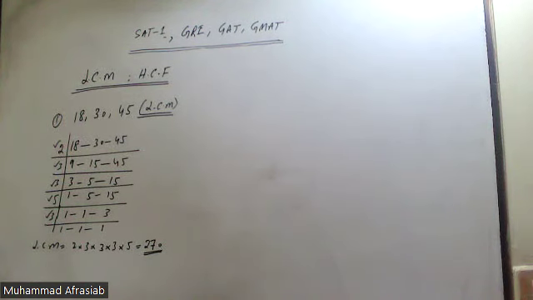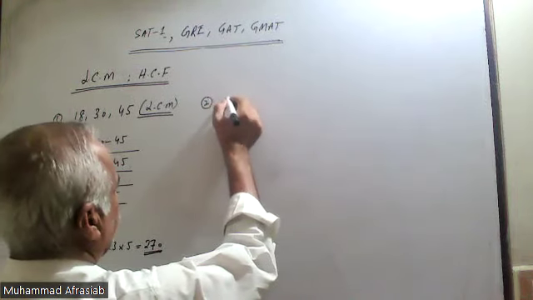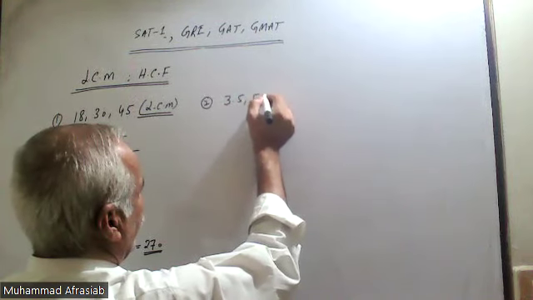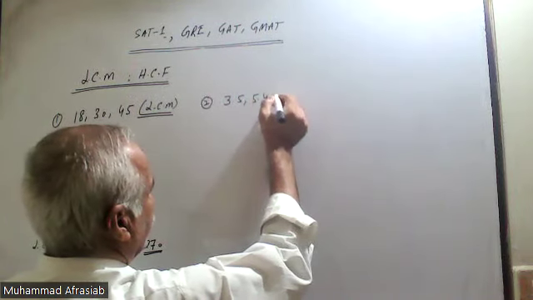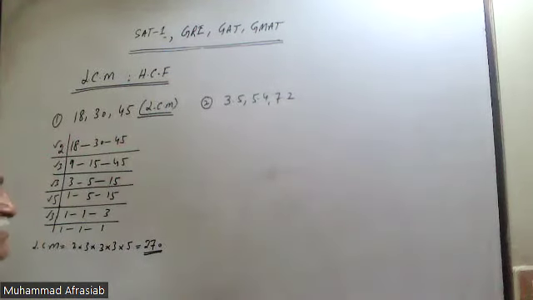Now you have to find the LCM of decimal numbers. For example, 3.5, 5.4 and 7.2. These are the three decimal numbers for which you are finding the LCM.